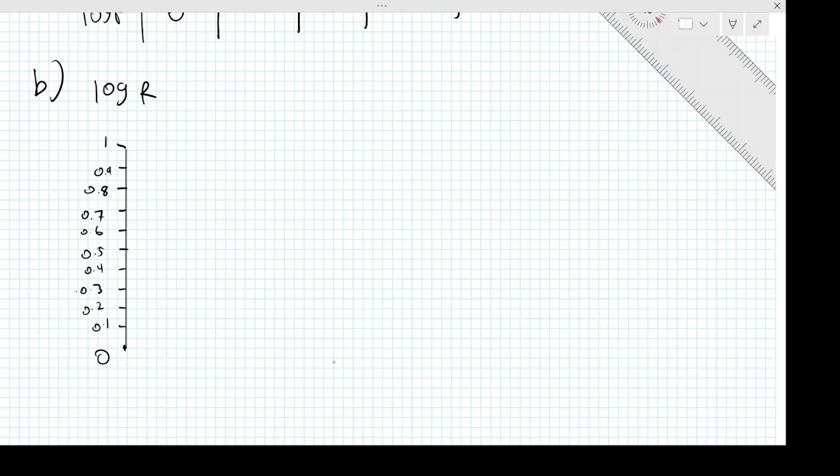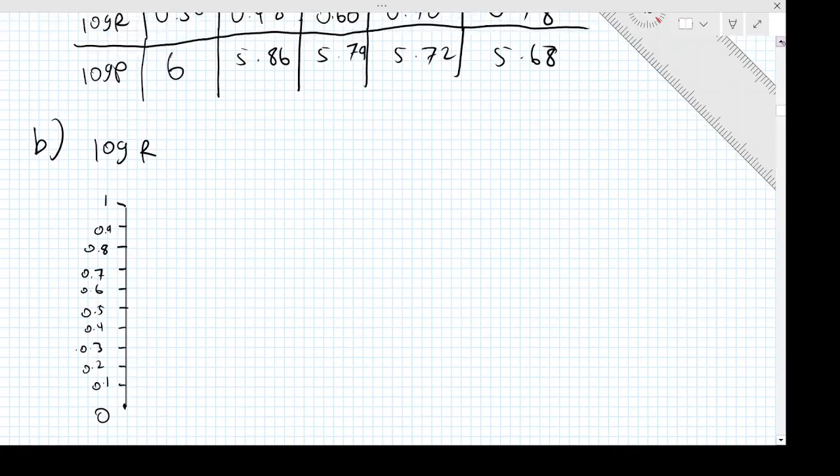So I've gone up in 0.05s, or every 2 boxes is 0.1. That's the scale I've chosen.